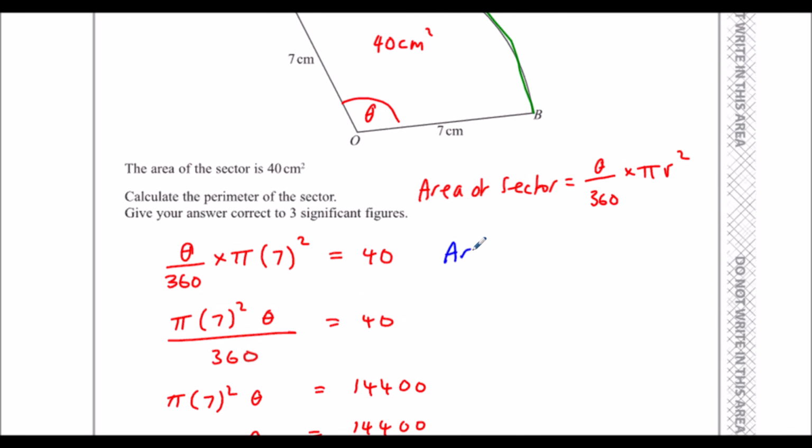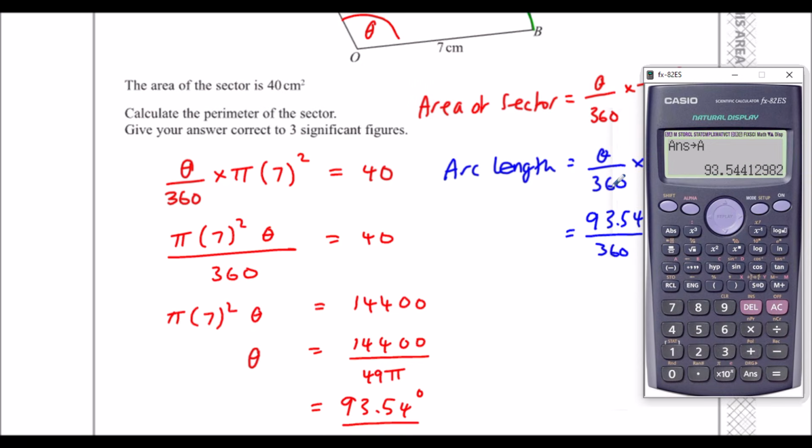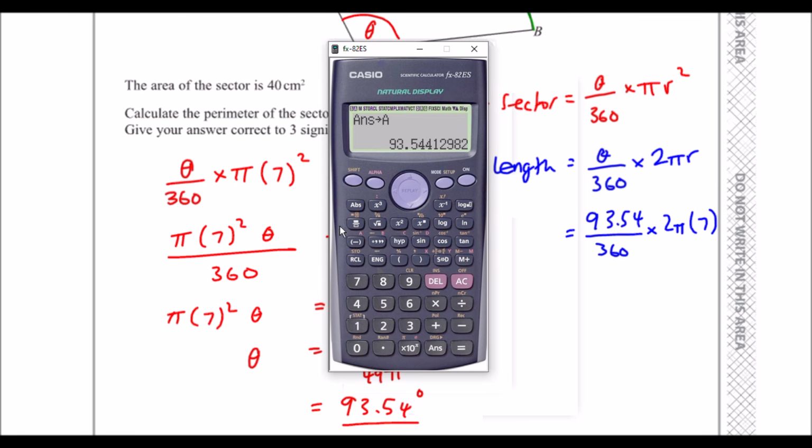So arc length is theta over 360 times 2 pi r. And we now know theta is 93.54 and the radius is 7. So we can put this straight in the calculator. We didn't really need to store it. We can still use the A and S button.